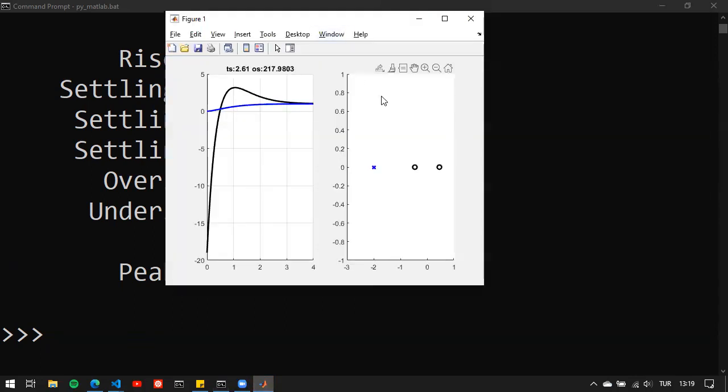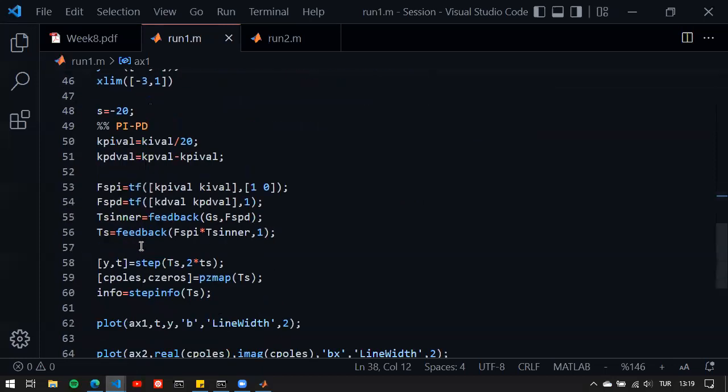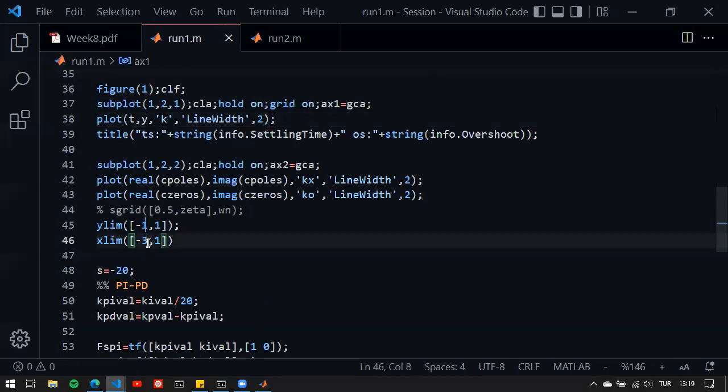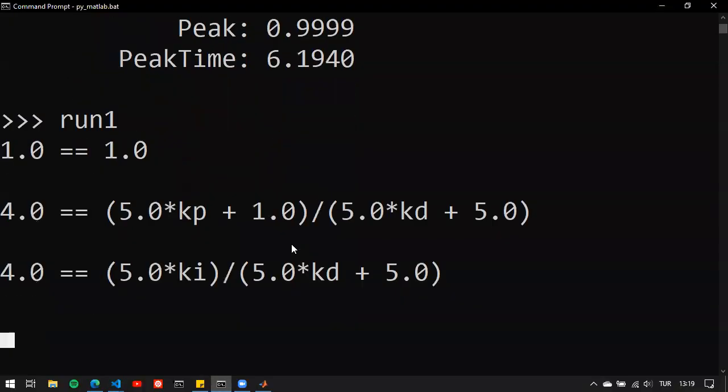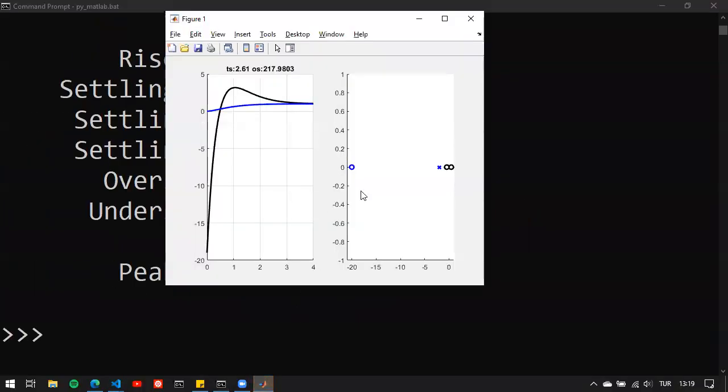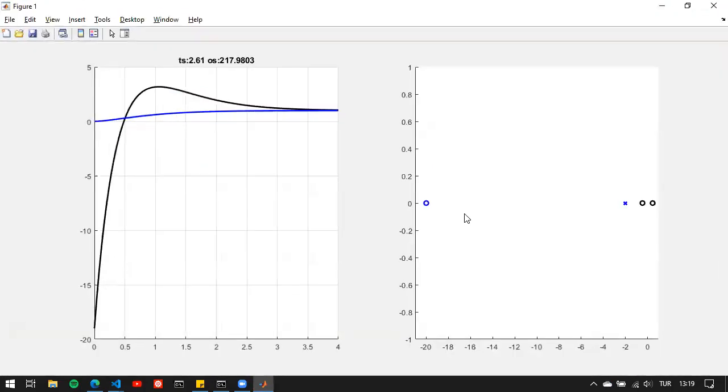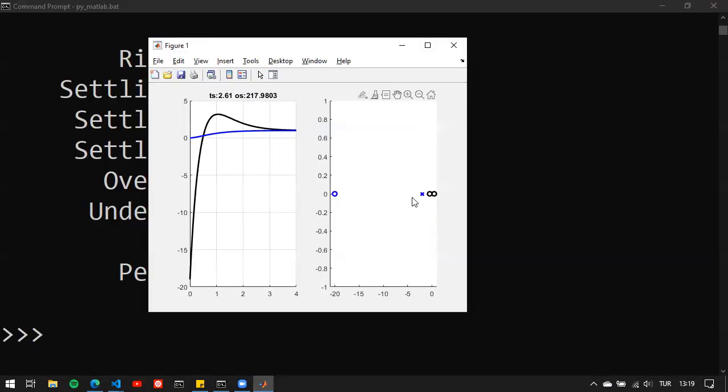Now here, we can see, or we can also not see the 0. Let me also quickly change that. Instead of using -3, let's use -21, because we have a 0 there. There we go. Now here we can see we have the same poles, they are on top of each other.